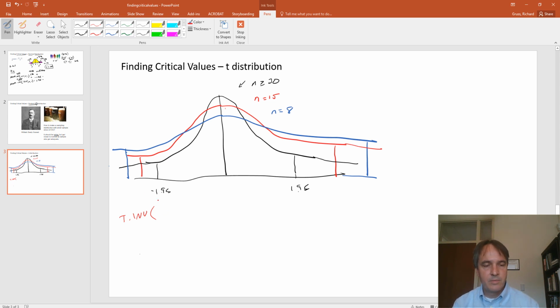So just like if we wanted 95% between the critical values, this is going to leave 2.5% in this left tail over here. So we're still going to use 0.025. But now we have to put in some kind of parameter that tells Excel how many samples we actually have. And this is going to be approximated by something called the degrees of freedom.